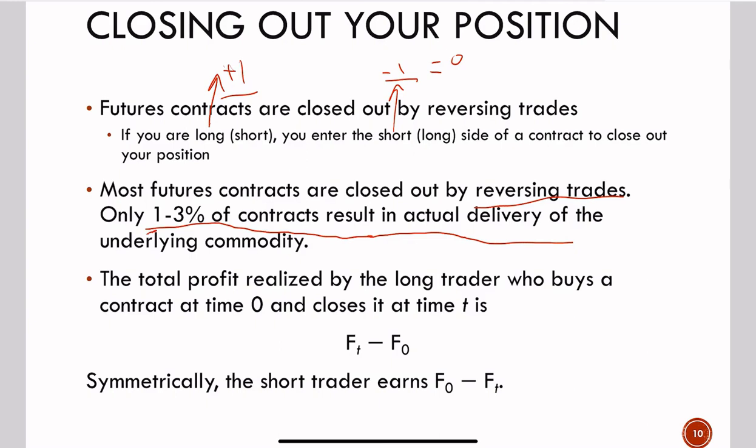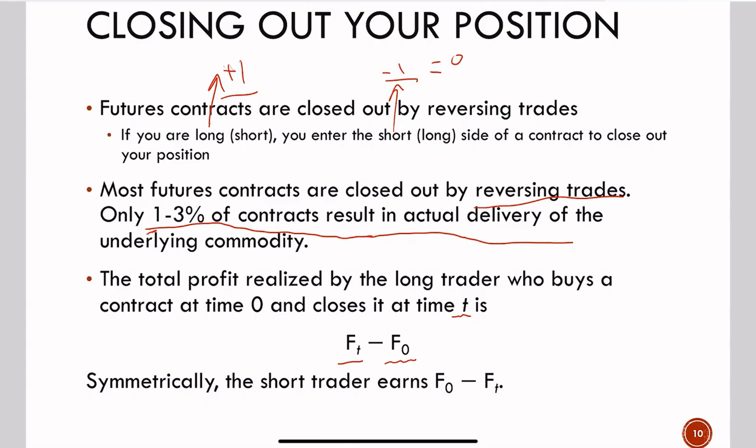For example, if you enter your long position with the futures price of F0, and after 10 days at time T, you want to exit your long position and you enter the short side of the contract with a futures price of FT, your profit would be given by the difference of these two futures prices.